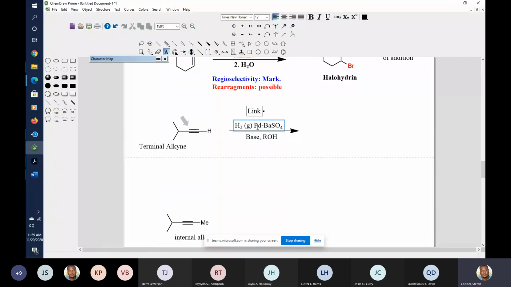This is known as Lindlar's catalyst. That's the name most people refer to these mixtures by. Can anyone tell me what this does? No, it's not going to add alcohol.